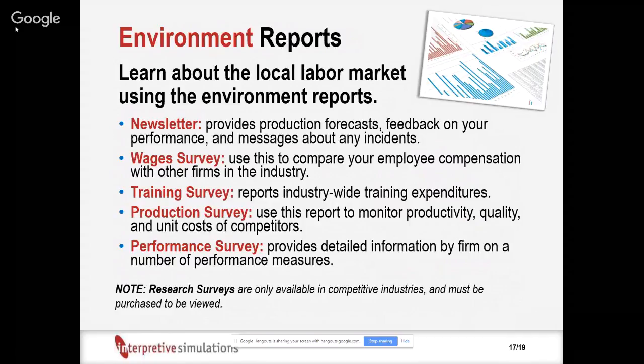This is a real life simulation, so you're competing with everybody else in the class. So you'll see what's going on, and then of course your performance survey. Note that research surveys are only available in competitive industries and must be purchased to be viewed. So you won't have a research survey.